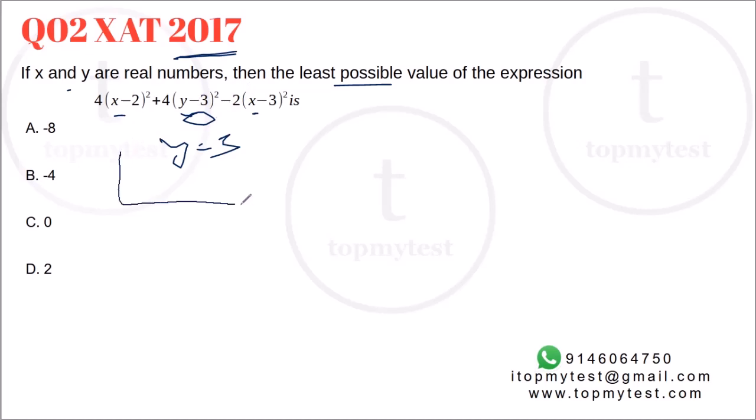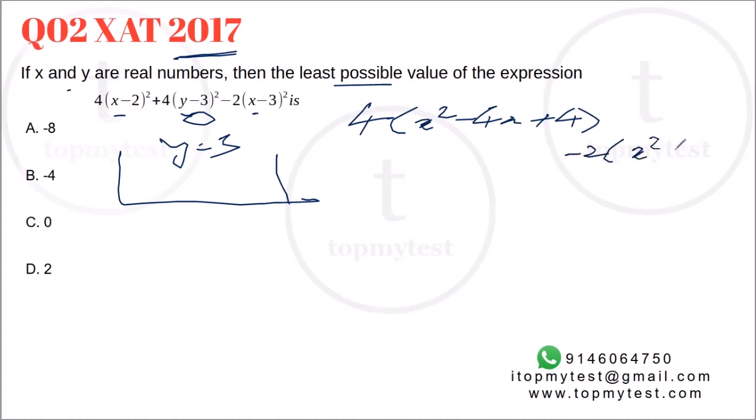But x is composed of two expressions, so we'll have to resolve this. If you expand this, you'll get 4 times x square minus 4x plus 4, minus 2 times x square minus 6x plus 9.